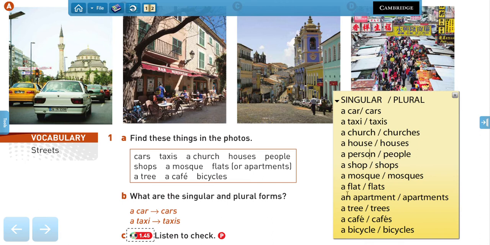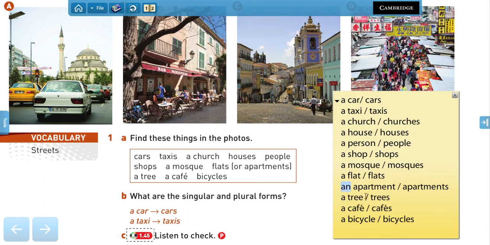Now, a second thing that you have to notice is that for every single word we use the word a except for the word apartment. What's the difference between these words and apartment? House, person, shop, mosque, cafe, and apartment.